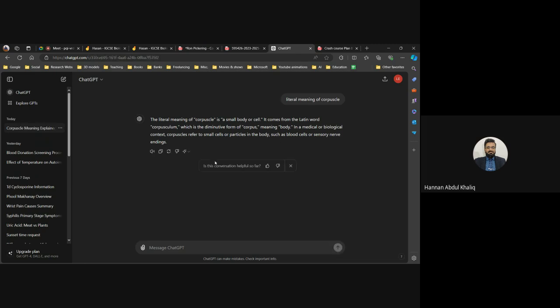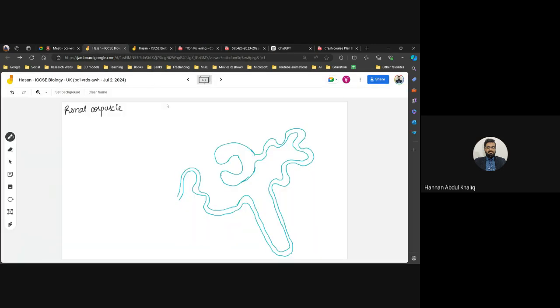Basically, you can simply say that renal corpuscle means it's a body that you are finding inside the kidney. So renal corpuscle is a part of the kidney, which is this one.